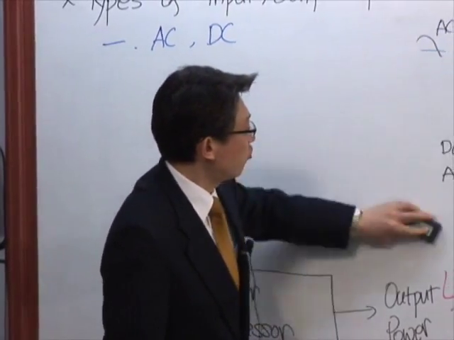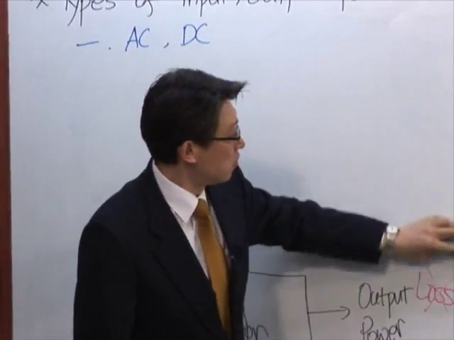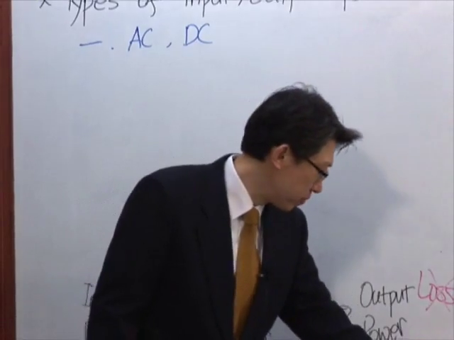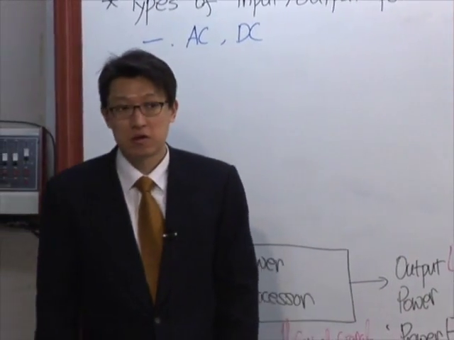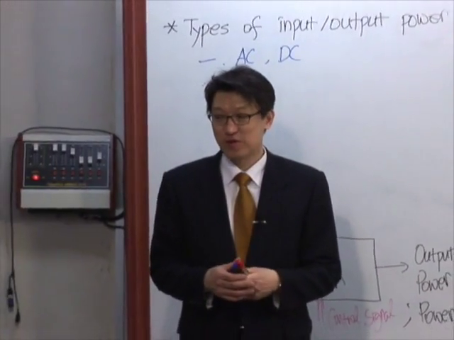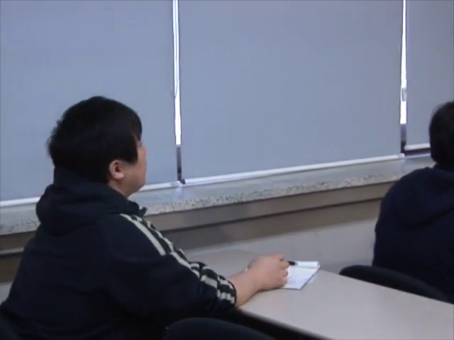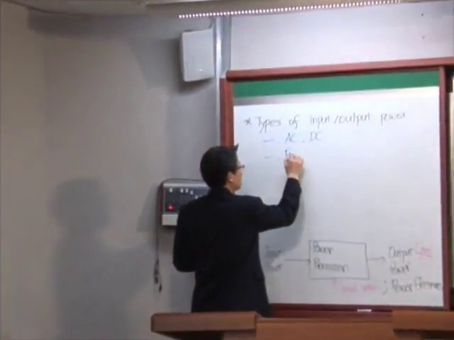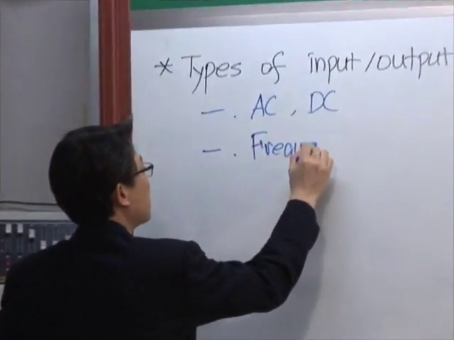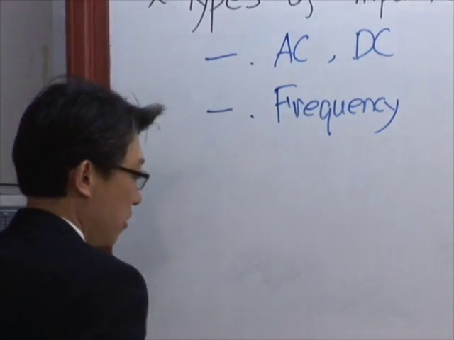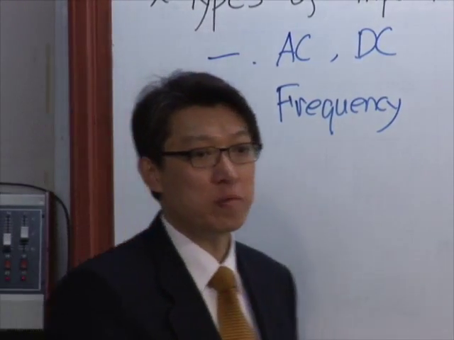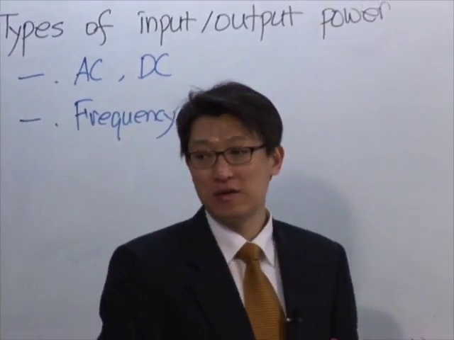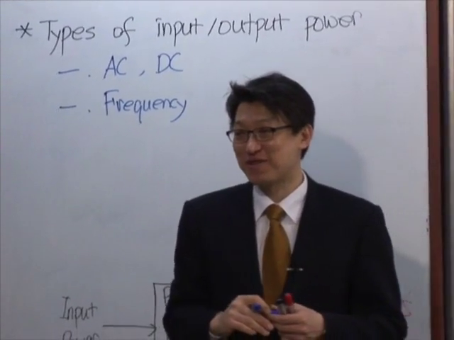Okay, next, what could be an example? What are the types of power? Frequency. Thank you. Frequency can be different. So frequency only applies to AC, right? There is no frequency in DC.